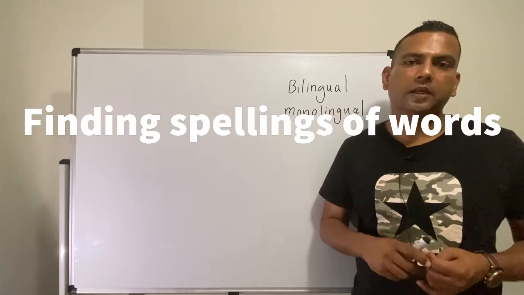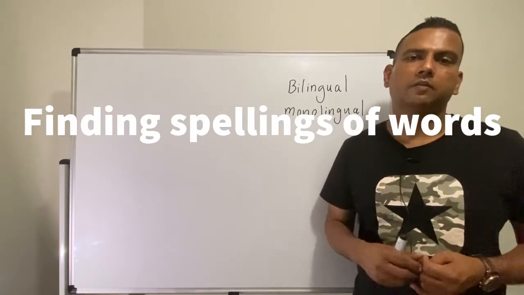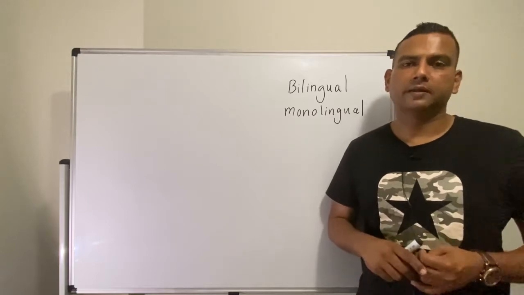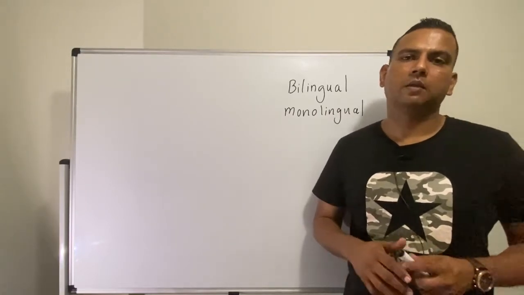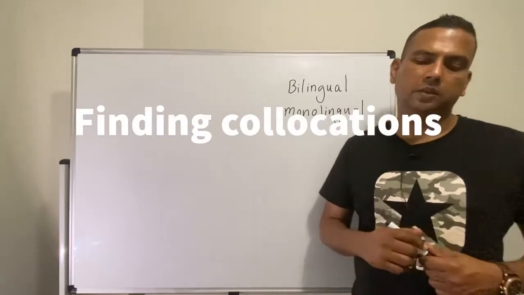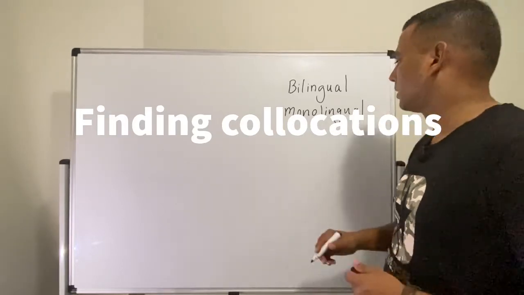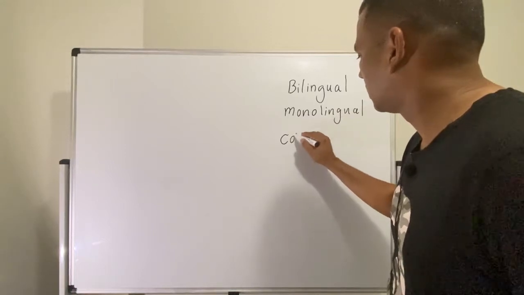You can find out the spellings. Okay, so if you don't know the spellings of a word, you can basically refer to a dictionary and find that out. And also there's something called collocation. So what do you understand by the word collocations?